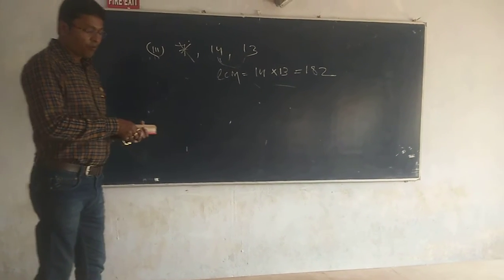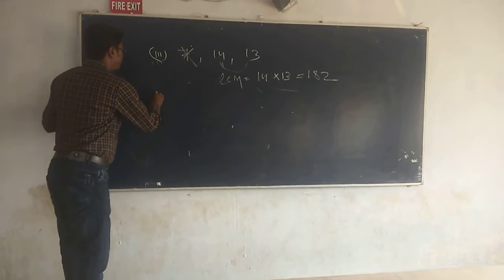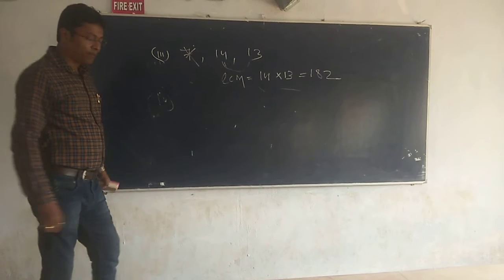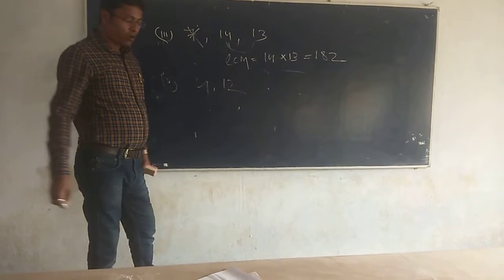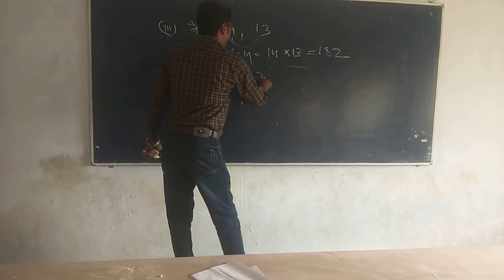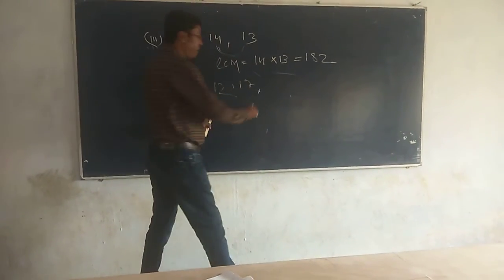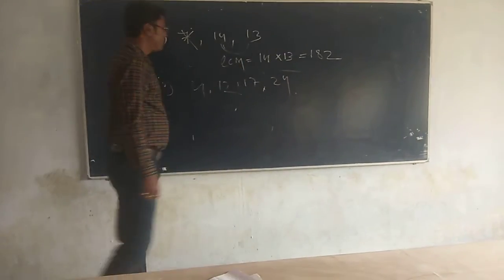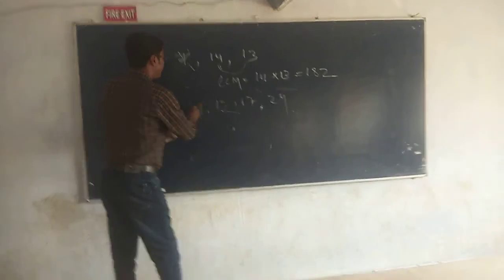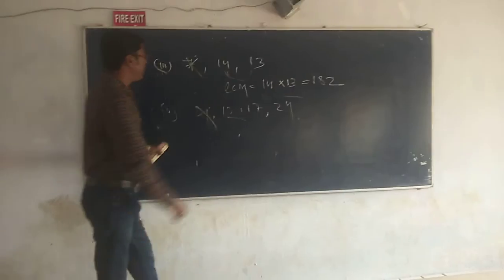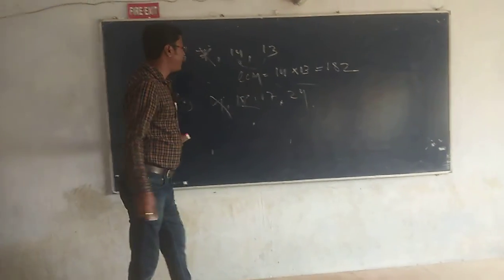Then come to the fourth one. See, the fourth is your what? Take another example: 4, 12, 17, and the last one is 24. Okay, so you see here what happened. Your 4 is divided, then 12 and 24 are also divided.